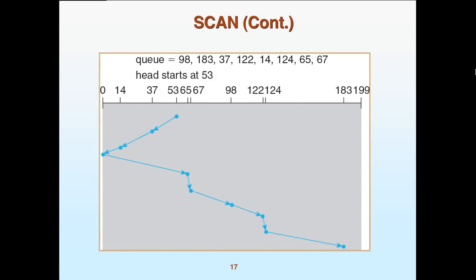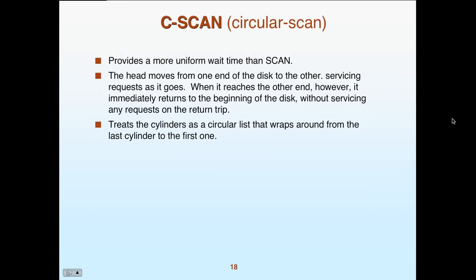The cylinders have been adjusted given the size of these disks, and this is just for illustrative purposes. If we started with 0 and moved this way, we would pick up stuff until we got up to 199. We got to the end of the disk and turned around and came back the other way. So that's called the scan.